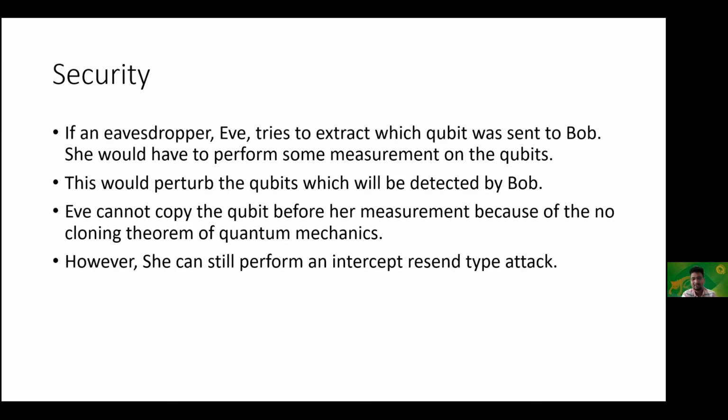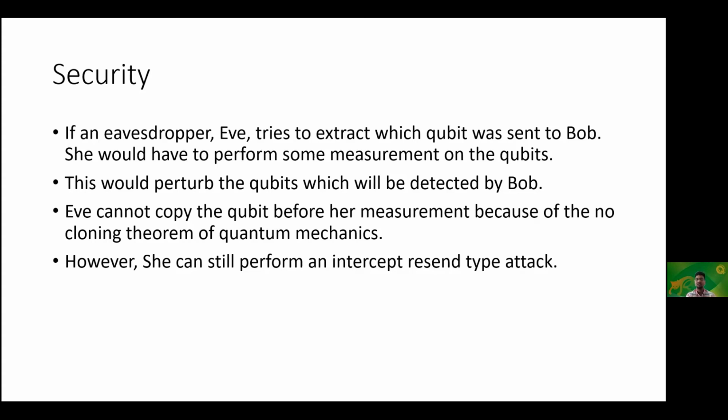But what happens if Eve tries to eavesdrop? How can she do it? There is a photon passing from Alice to Bob, and Eve wants to know the basis or the exact photon that is sent to Bob.